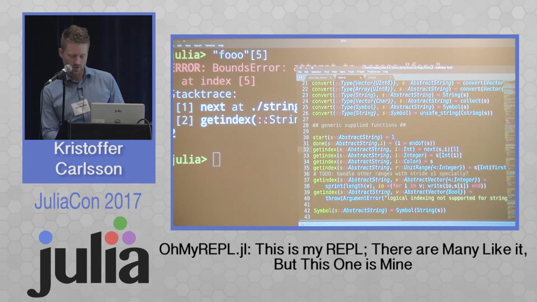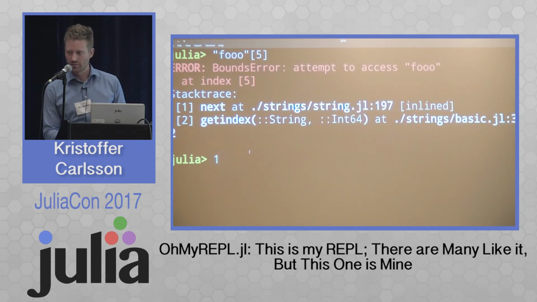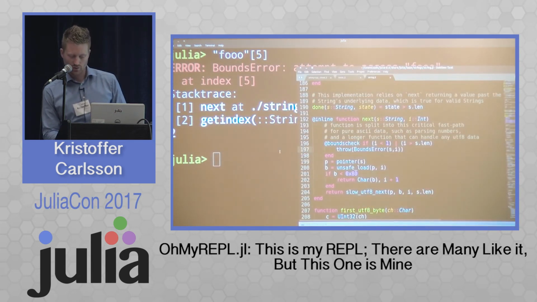So here we went to the getindex for this abstract string type. And if I press 1, I get to where the error is actually thrown. It's a nice way, when you have an error, to quickly go through the call stack and see how everything looks.